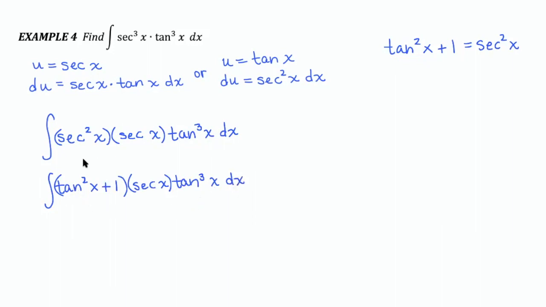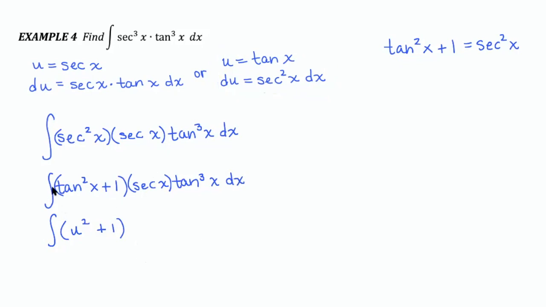And since I introduced tangent, I would probably want to try this u substitution where I let tangent be my u. So let's see what happens. I get the integral of u squared plus 1. Now here's where I feel, I only have one secant, and my du is a secant squared. So maybe that's not the right way to go.